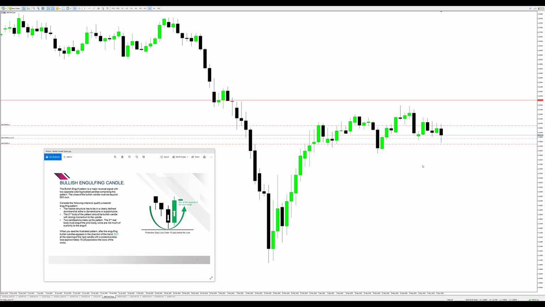So I'm going to illustrate a bullish engulfing pattern that has resulted in a long trade being taken on British pound against the Swiss franc. So looking at the chart GBP CHF, we can clearly see that market tested a strong area of demand, right?